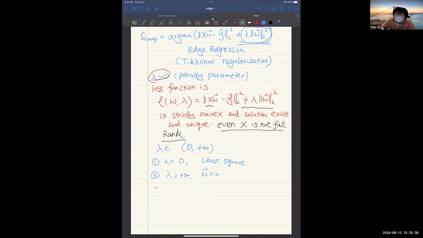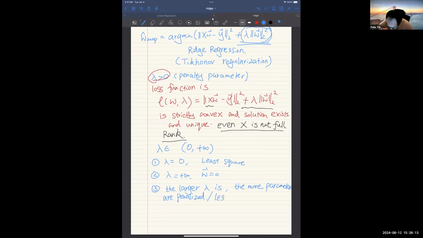And in particular, the larger lambda is, the more the parameters are penalized, and the less flexible the model is.